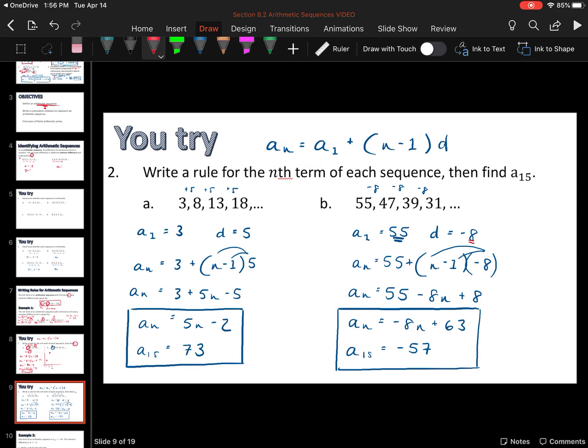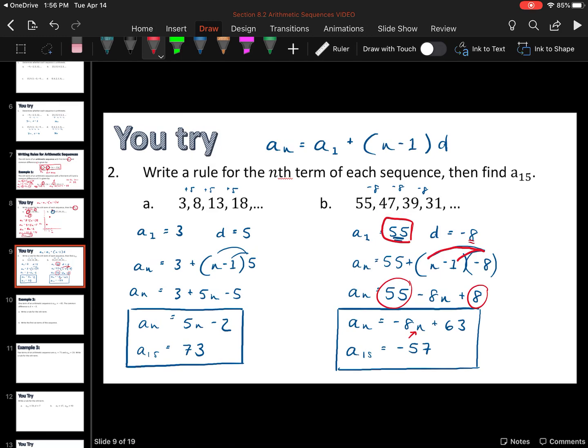If you plug those into your formula and then distribute it out, you had negative 8n plus 8 here. Combine your like terms, 55 and 8 is 63. So we get negative 8n plus 63. And if I ask you for the 15th term, then we would plug in 15 right here. Negative 8 times 15 plus 63 will give you negative 57.